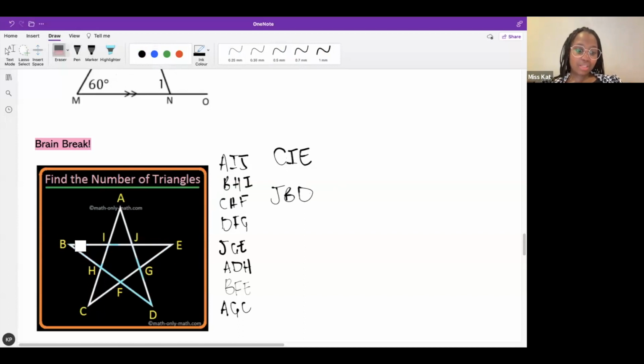Someone really likes maths. Let's see. D. Where's D? D. B. E. No, that's not a triangle because it has to close there. Okay, is that all of them now? HAD. That's another one, guys. How are you seeing these triangles? Now my mind is blown. How many triangles are we actually supposed to find here?